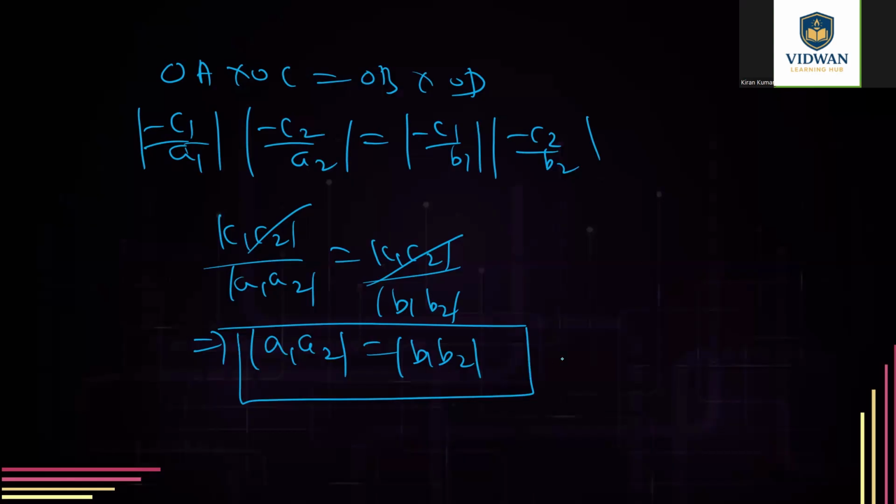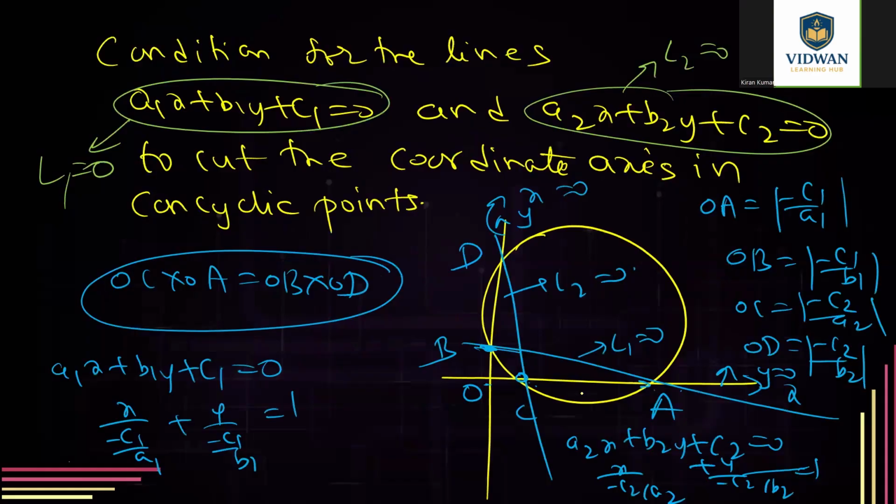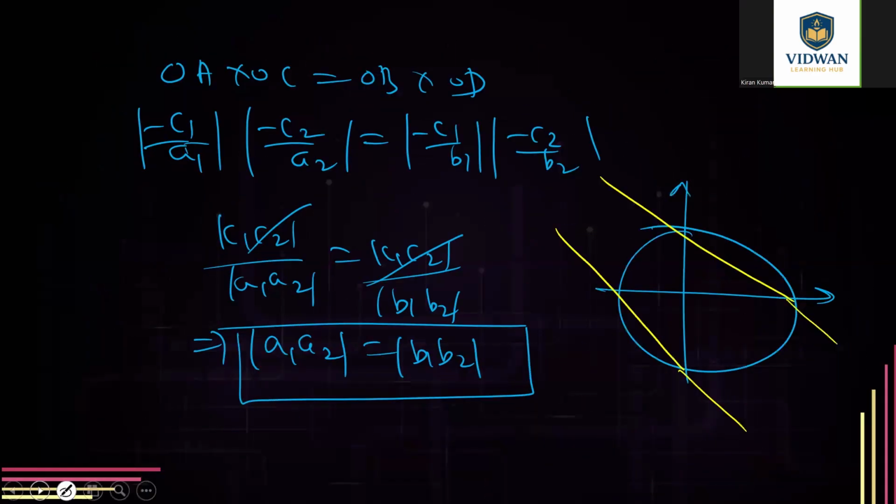And does this happen for all quadrants, or will it happen only for first and third for the concyclic point diagram when you see? So this could be another possibility. Third quadrant, and you got this in first quadrant. So I wrote a mod. So for that reason, I just want to elaborate this first and third.